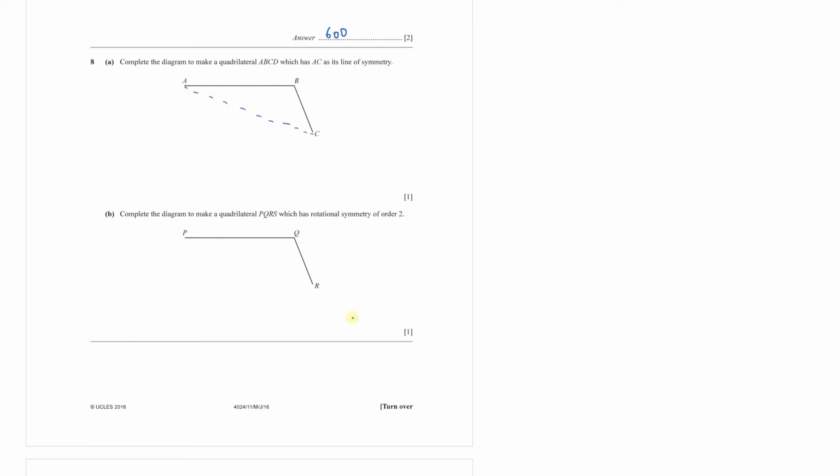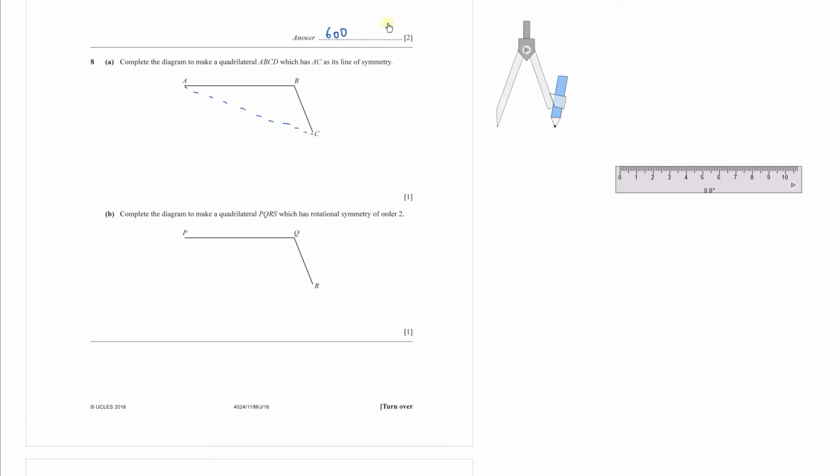So we can use the compass. Let me bring it up. So to have the exact same lengths, we can use our compass to find the exact point where point D should lie. So let me put the compass on point C, and then we can open it up until the length is equal to the length CB, which is somewhere here. And then I can draw an arc here.